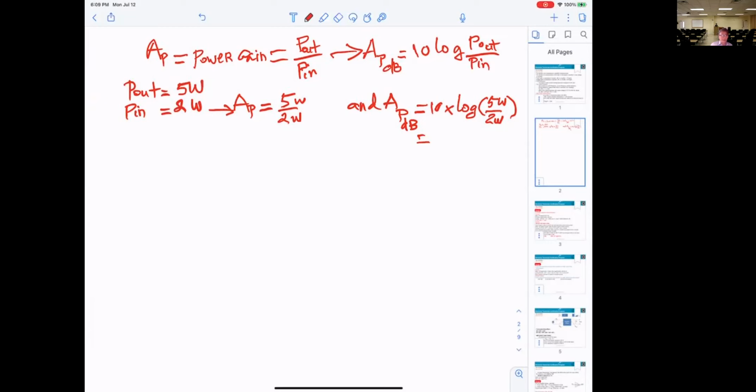Make sure you do the calculation. Regular gain is 2.5, that's 5 watts divided by the 2 watts.